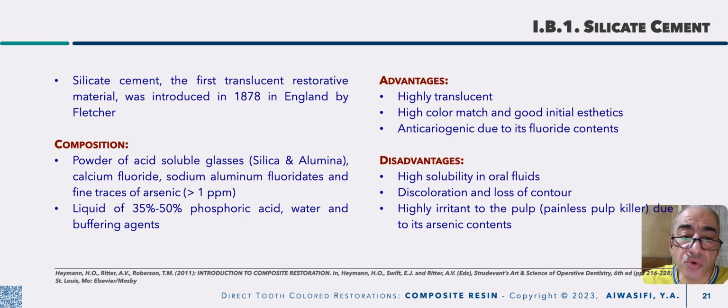Its advantages were high translucency, high color match and anticariogenicity due to fluoride, but its shortcomings were its high solubility in oral fluids, discoloration and loss of contour. But what is most important and most dangerous is its effect on the pulp due to its arsenic content, which made it termed a painless pulp killer.